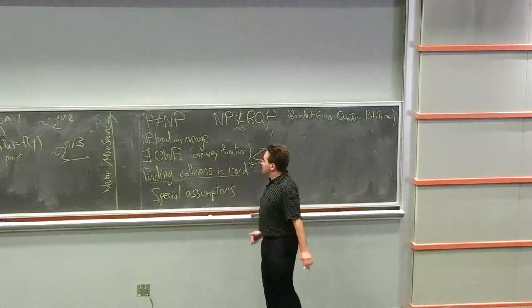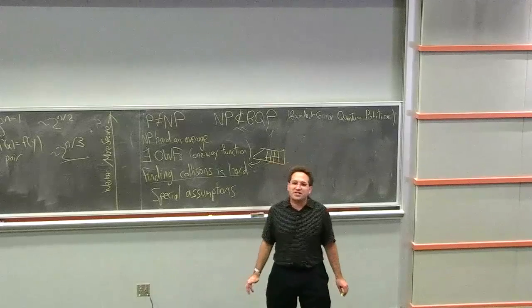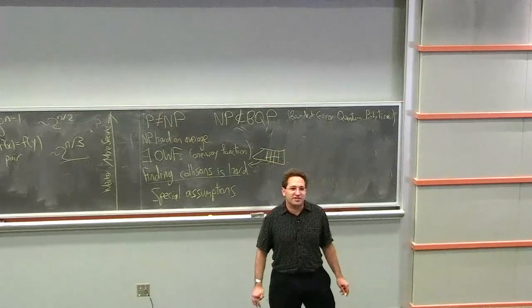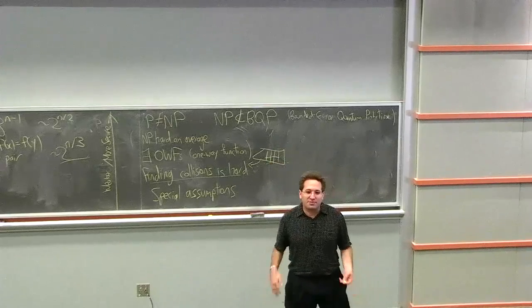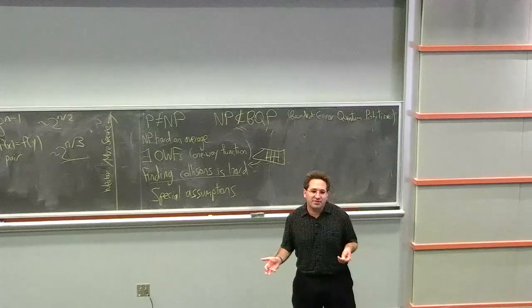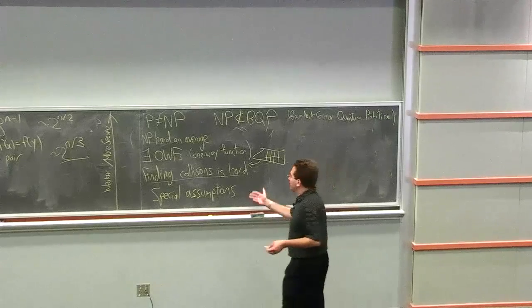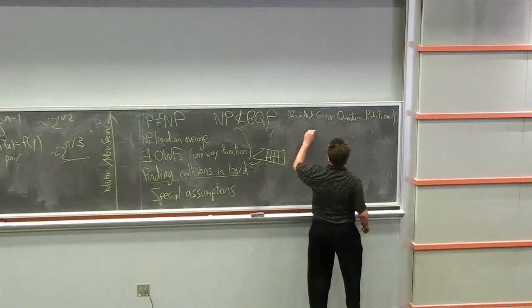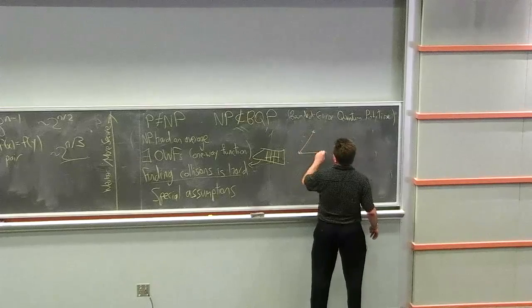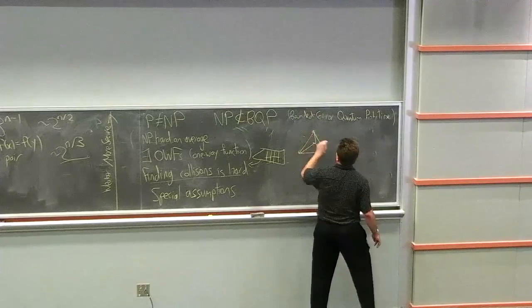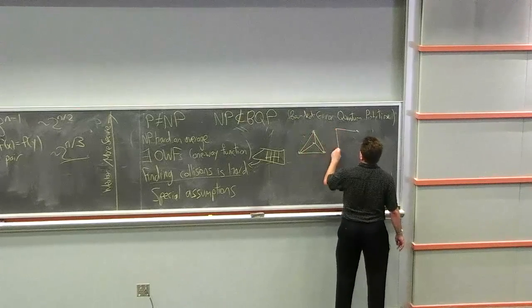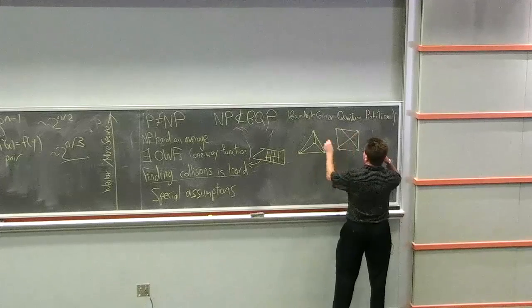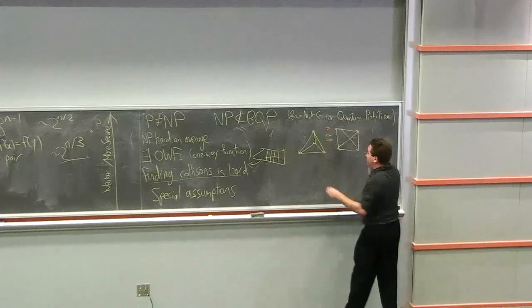The other thing I wanted to say is that finding collisions, we can get some intuition for its hardness. So the famous problem of graph isomorphism can be easily reduced to finding collisions. Graph isomorphism means that you have two graphs, G and H, and you want to know whether they're isomorphic.